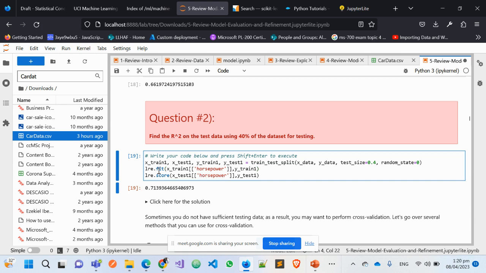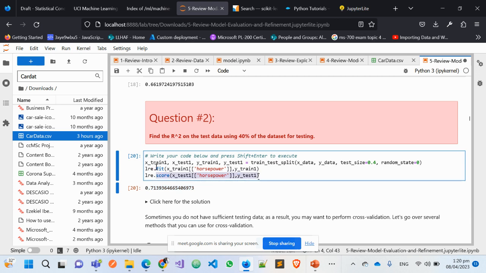When we run this cell, in terms of our fit and our score, we get an output of 0.71. This output is the coefficient of determination, the R squared, which is this score here.